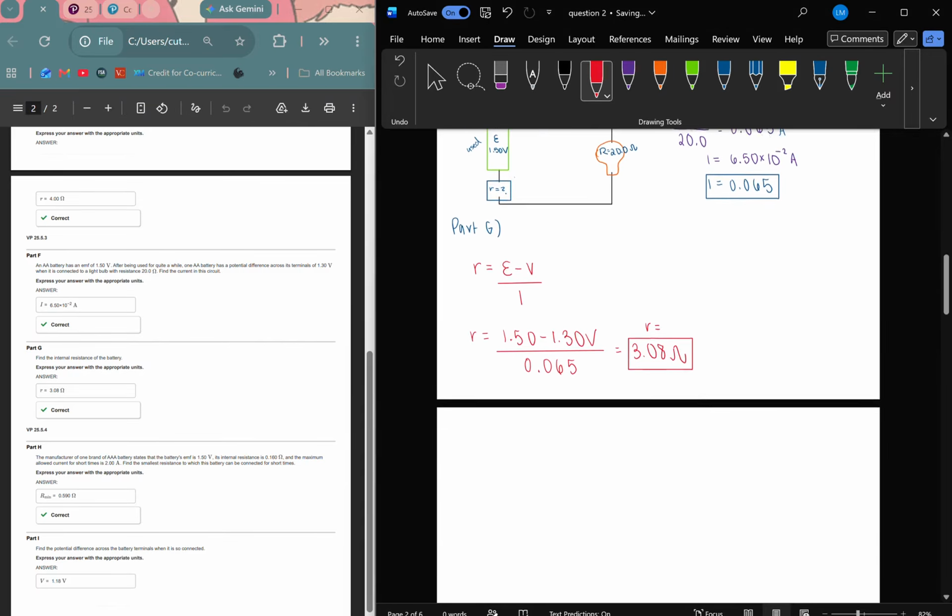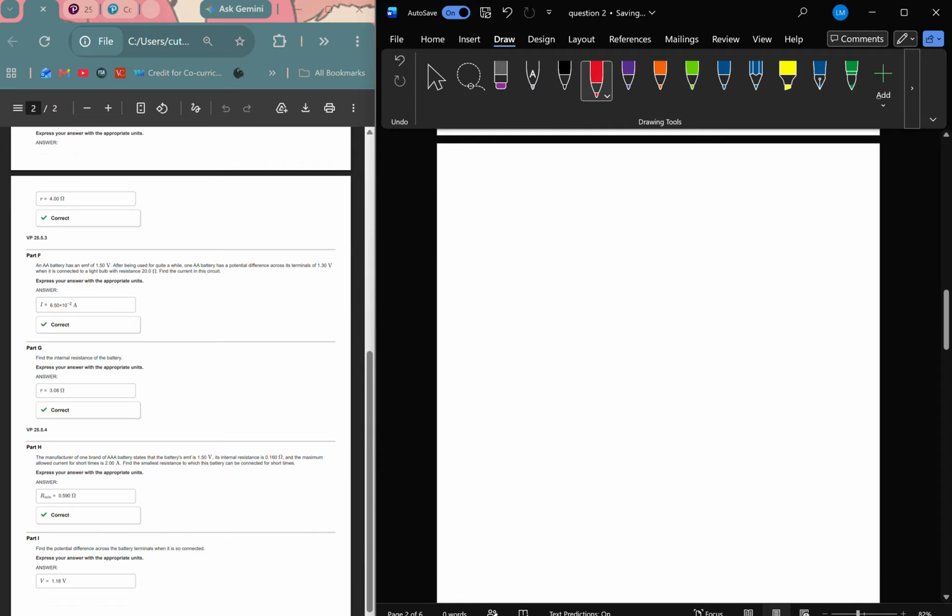Okay, now we're going to do another question. This is the final question. So this is part H, right? Yes, H. So let's read the question. The manufacturer of one brand of AAA batteries states that the battery's electromotive force is 1.50 volts.